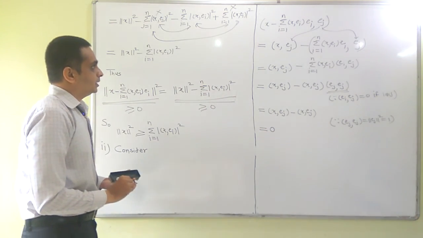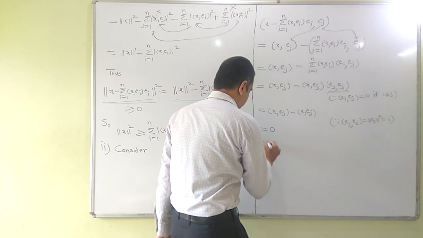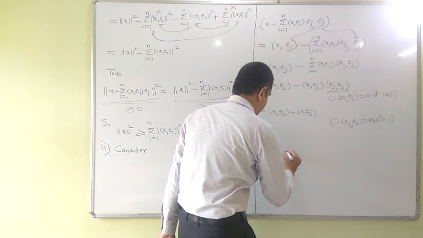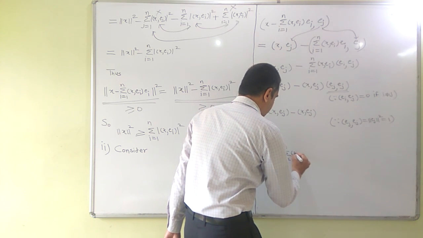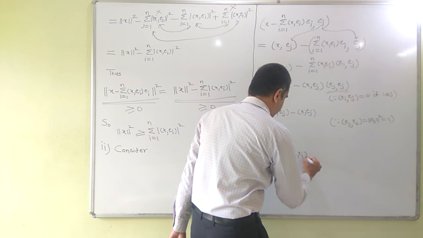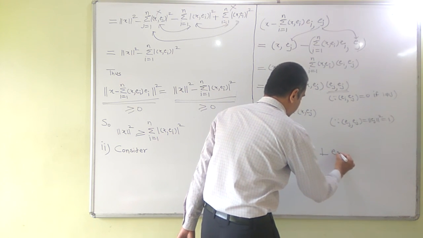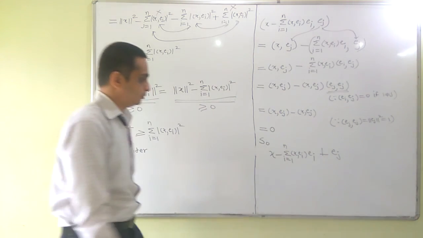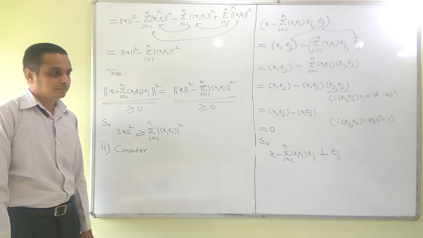Thus the inner product is 0. So we must have that x minus this vector, the sum from i equals 1 to n of the inner product of x, e_i times e_i, is orthogonal to e_j, and this is what we wanted to prove. Okay, thank you.